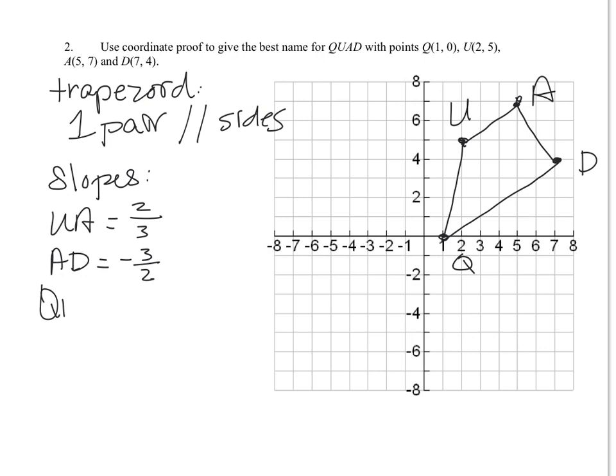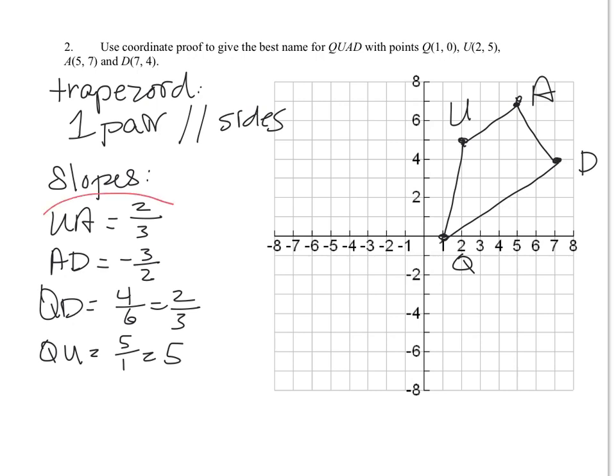From Q to D, the QD slope is up 4 over 6, which simplifies to 2/3. And the QU slope is up 5 over 1, which is a slope of 5. Okay, so let's take a look at the slopes that we have.